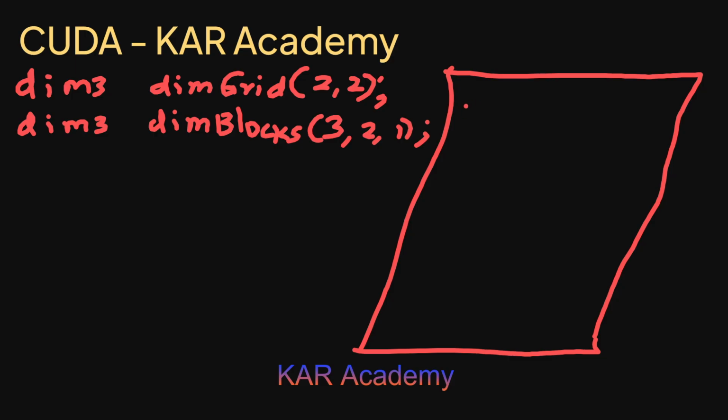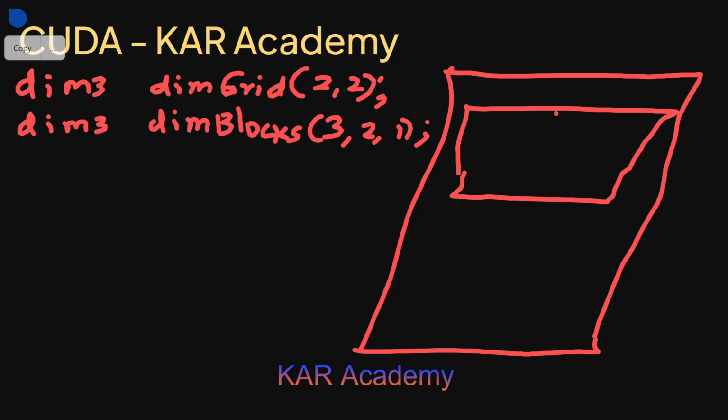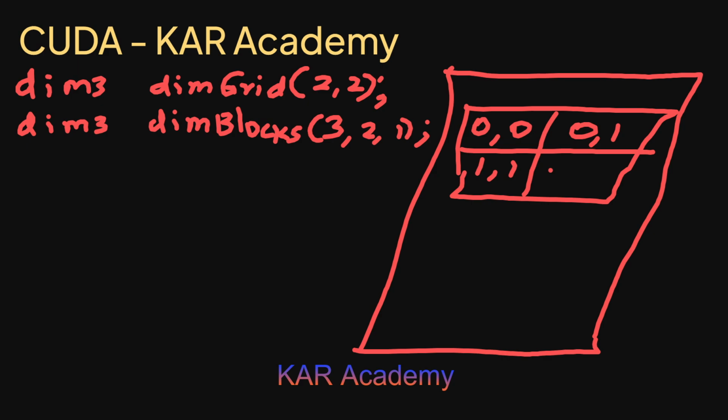Each grid now has blocks 0 comma 0, 0 comma 1, 1 comma 0 and 1 comma 1. This is basically blocks, and each block now has threads.